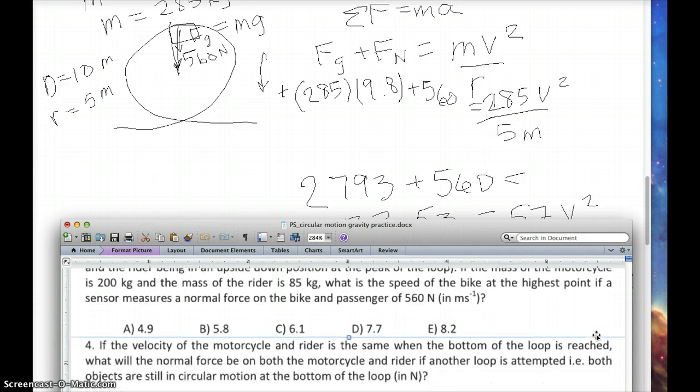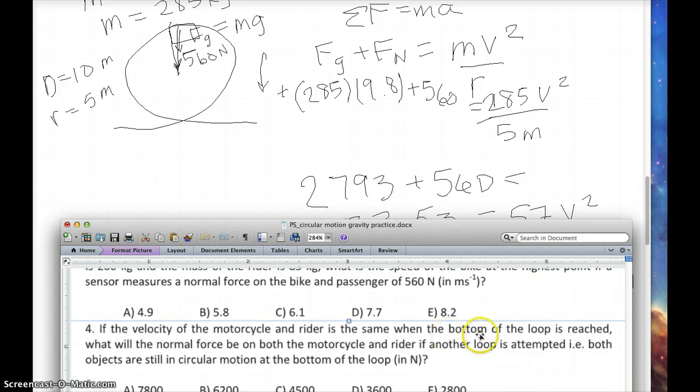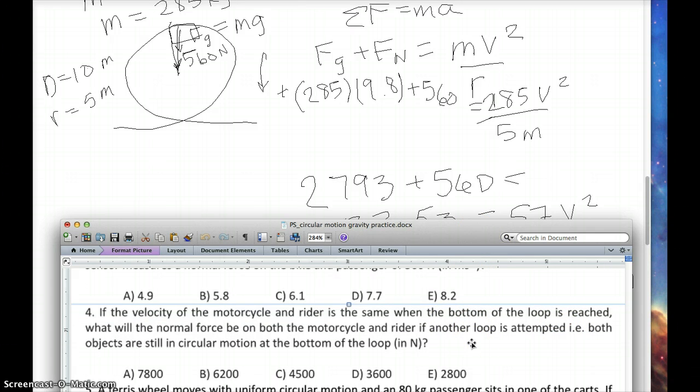If the velocity of a motorcycle rider is the same when it reaches the bottom of the loop, what will the normal force be on both the motorcycle and the rider if another loop is attempted? Both objects are still in circular motion in the loop.